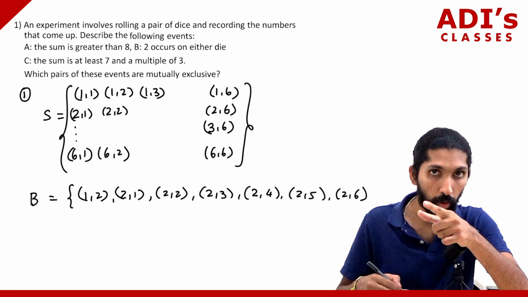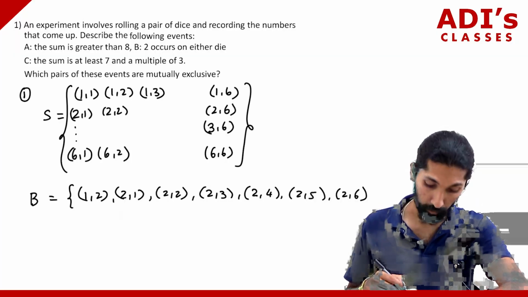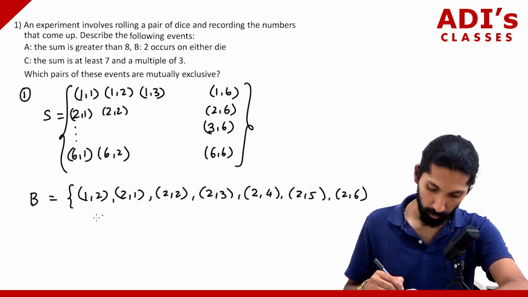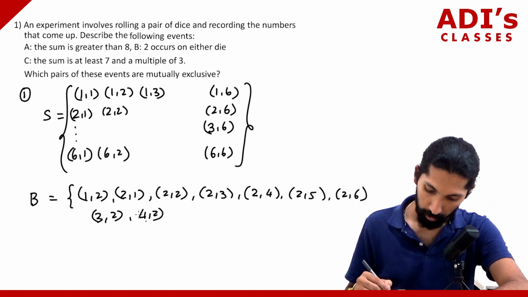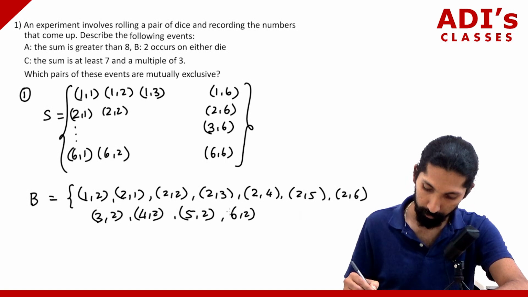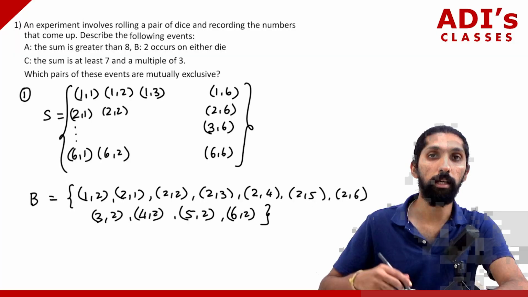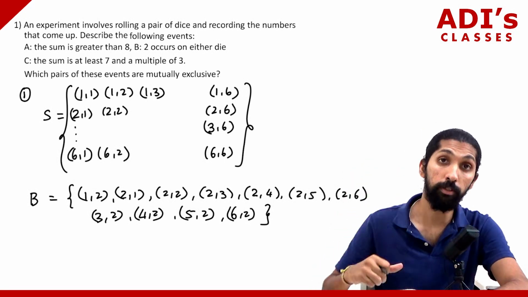The entire row of 2, isn't it? And also the entire column, which is 1 comma 2, 2 comma 2, then 3 comma 2, 4 comma 2, 5 comma 2 and 6 comma 2. These are the possibilities for B. Fine. Now we'll do for C.